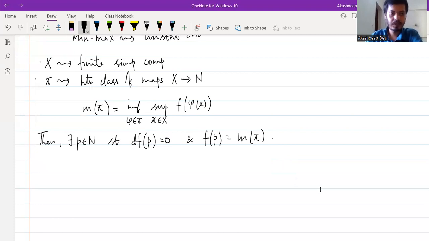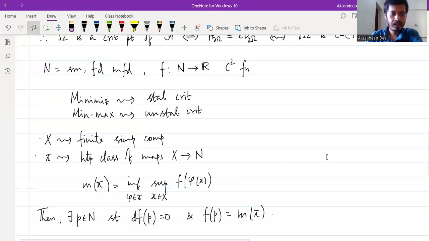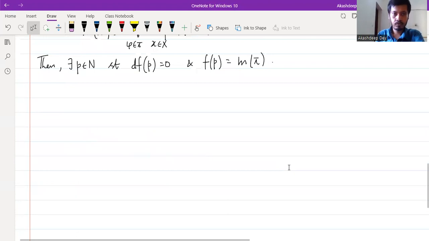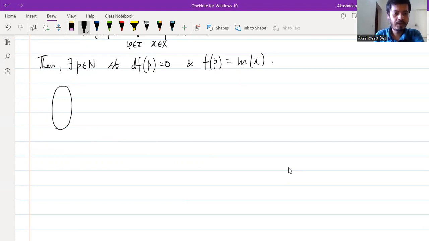This is the min-max theorem in finite dimension, and here we assume that N is a finite dimensional manifold, but this theorem can be suitably extended in the infinite dimensional case, that is when N is an infinite dimensional Hilbert manifold. So I'll just illustrate this theorem by an example. Let us consider a torus embedded in R^3.